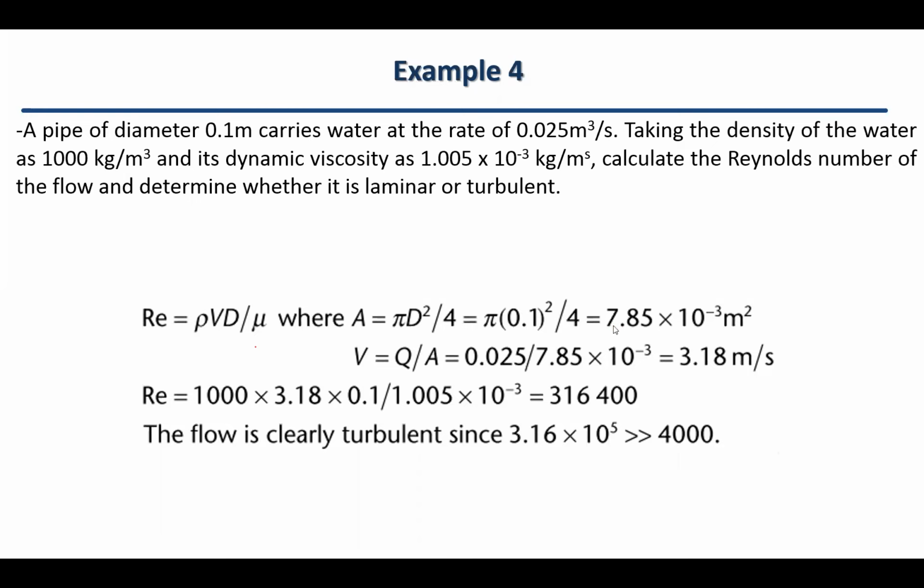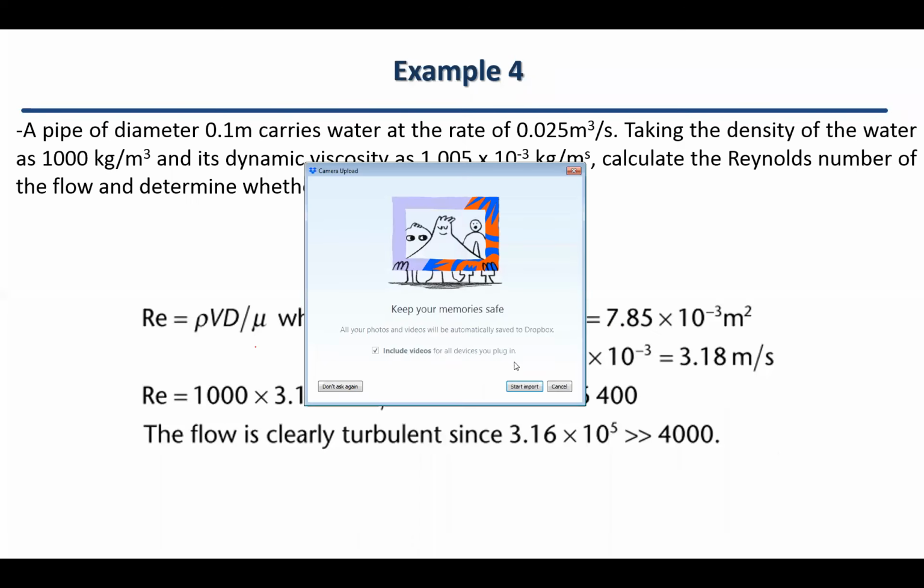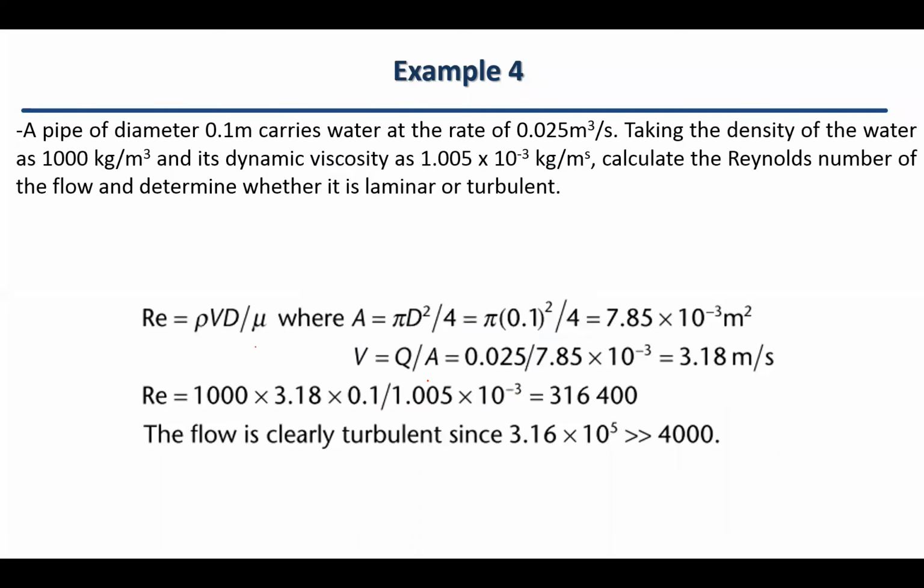And by using the continuity equation, velocity is equal to Q over A, where Q is the flow discharge, 0.025 divided by 7.85 times 10 to the minus 3. So all of them are in the denominator, just bear in mind. And the answer for velocity is 3.18 meters per second.